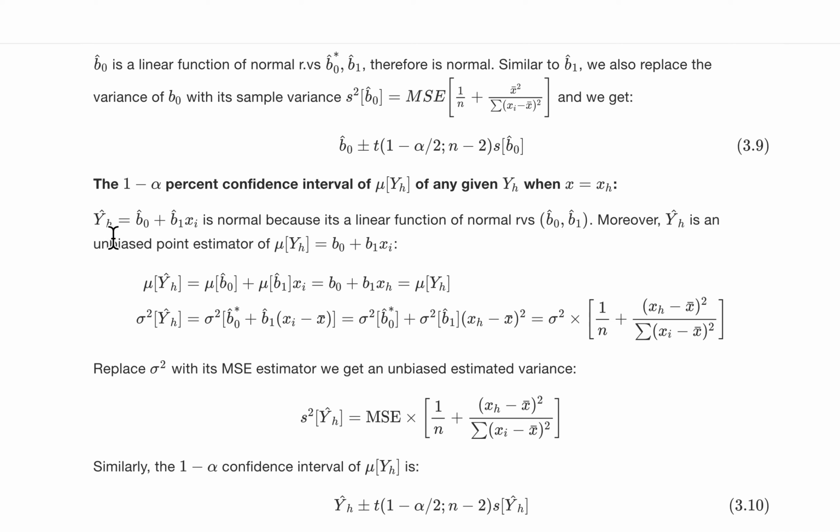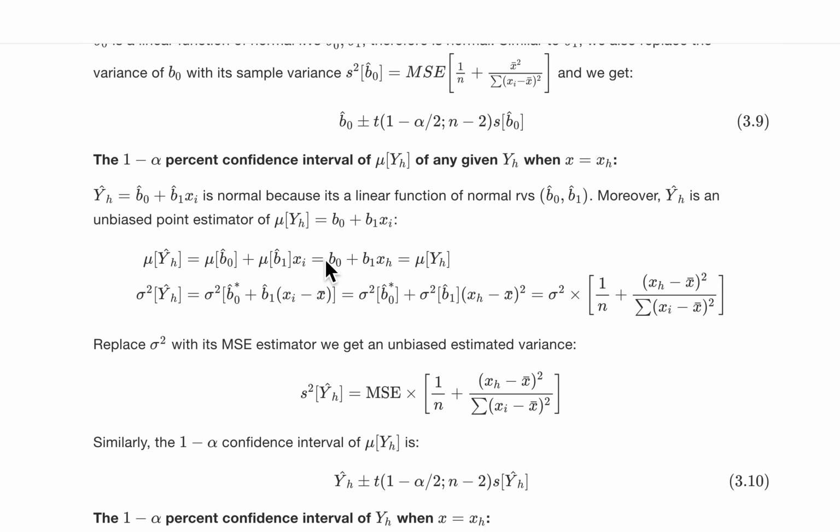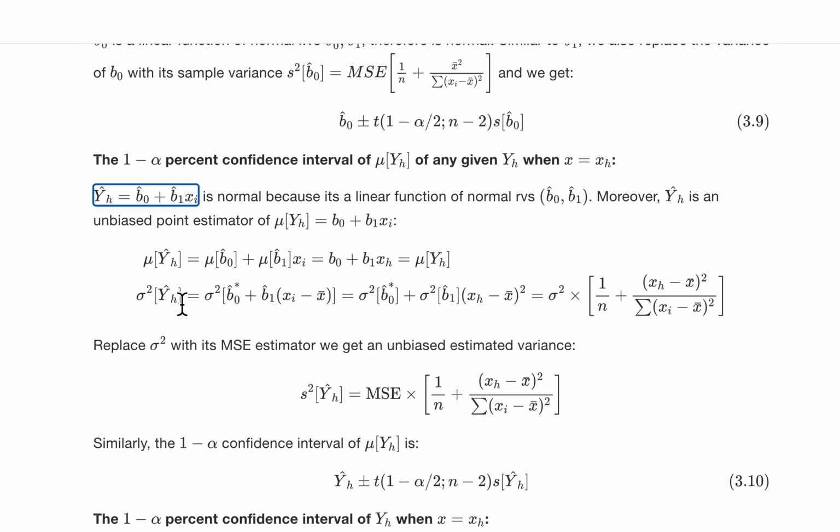So we know YH hat is a point estimator of the mean of YH. The expected value of YH hat is actually the expected value of YH. But what about the variance of our point estimator, YH hat? The variance of YH hat is this one.